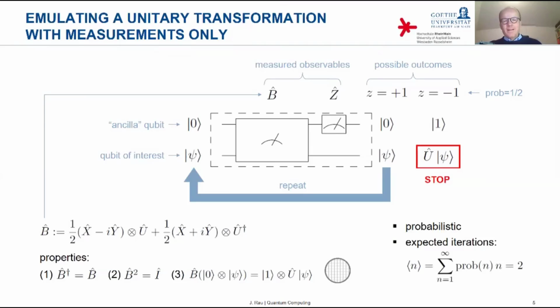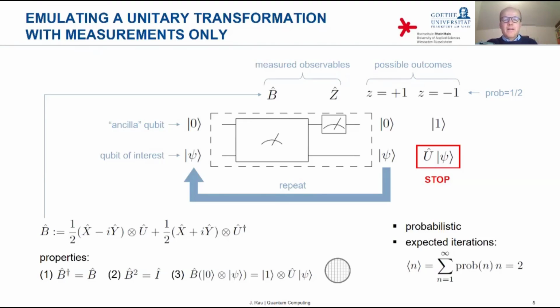This concludes the discussion of the measurement-based computation. So this is really a little Mickey Mouse example, but it shows you the basic idea, that you succeed in transforming a qubit from an initial state psi to an arbitrary transformed state u psi using just measurements.